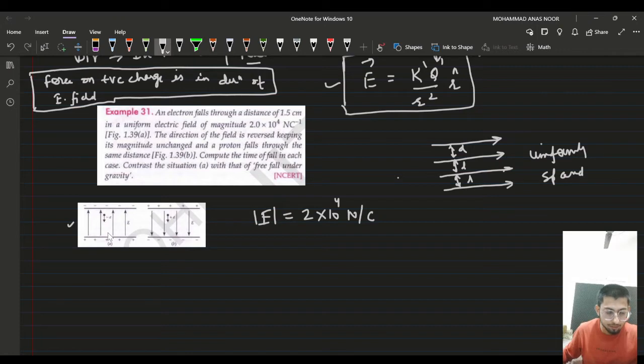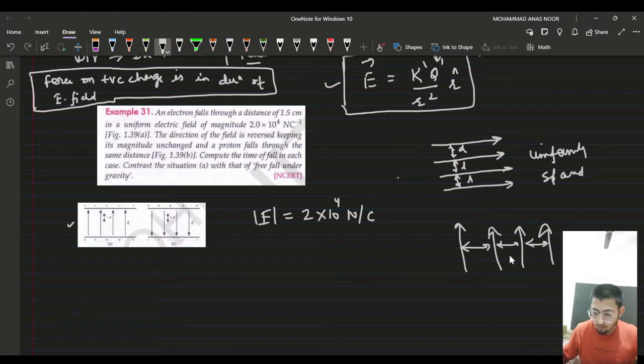Correct? So the question is something like this. This is the electric field, and he says uniform electric field. Why? Because the plates are uniformly spaced. Now see what is given to us. The electron was initially at this highest point, let's say, or maybe in the middle.